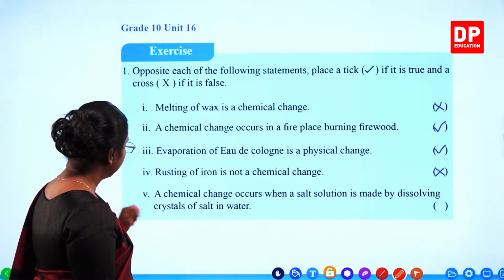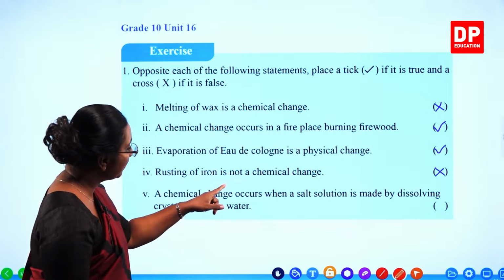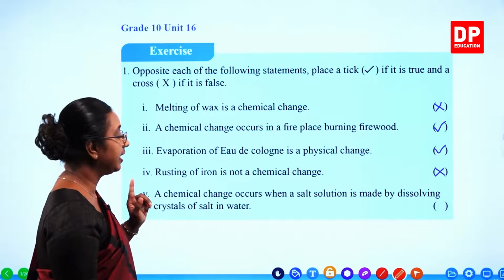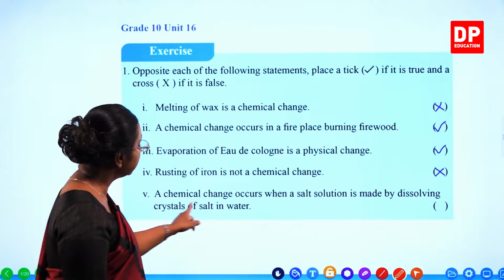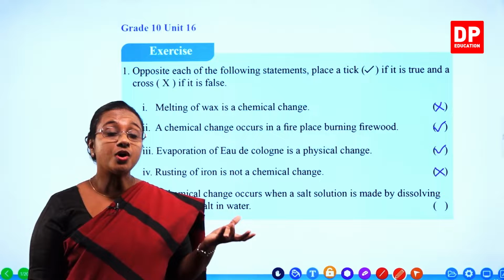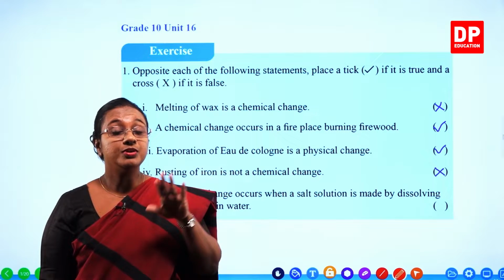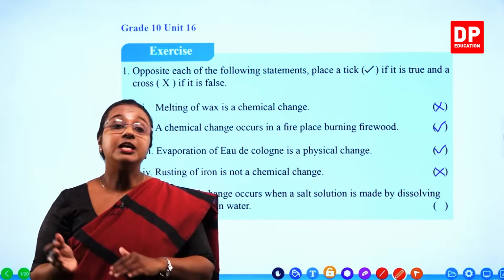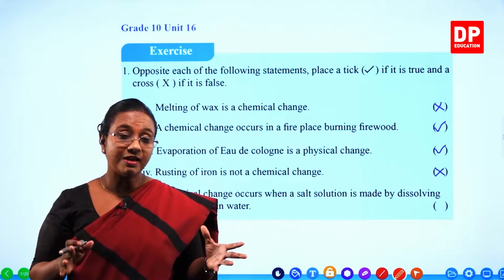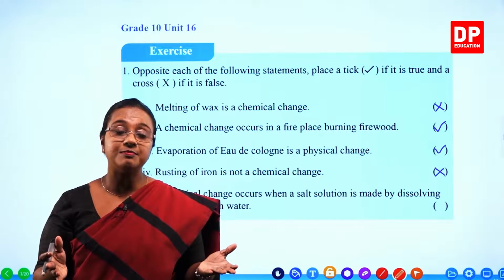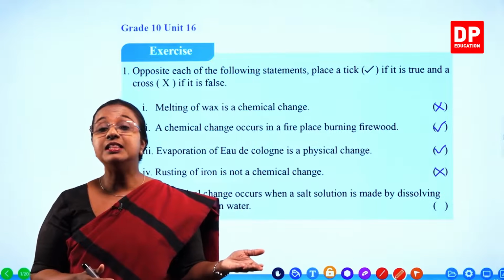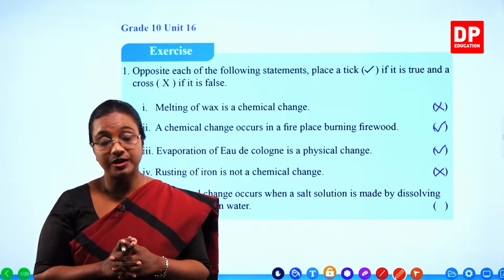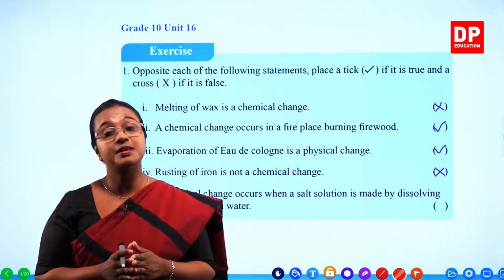Then the fifth one, a chemical change occurs when a salt solution is made by dissolving crystals of salt in water. Is this a chemical change? Now you have the solid salt crystals, you dissolve it in water, you get the salt solution. But if you pour that salt solution into an evaporation dish or any dish for that matter, and if you let the water to evaporate off, you can get the sodium chloride crystals or the salt crystals back.